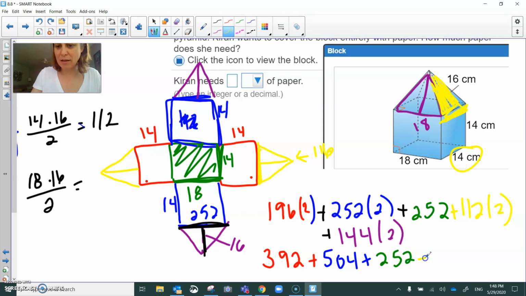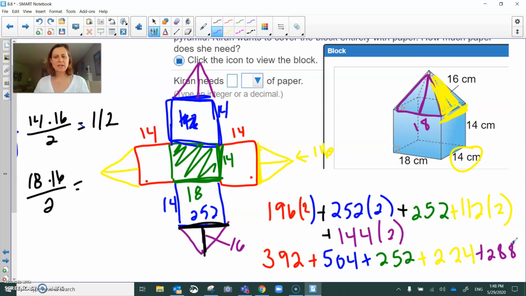The reason I'm not typing all of this straight into my calculator is the calculator I have won't do order of operations. So we have to make sure all of the multiplying happens before any of the addition. 112 times 2 is 224, and then the last one, 144 times 2 is 288. And then if I add those up, 288 plus 224 plus 252 plus 504 plus 392.